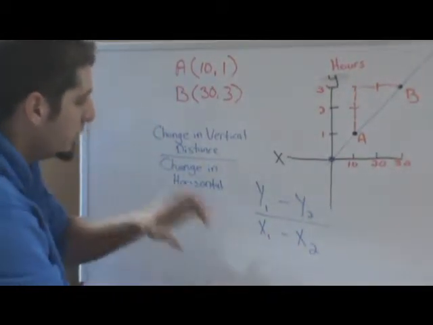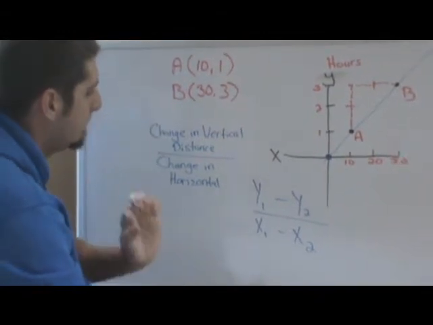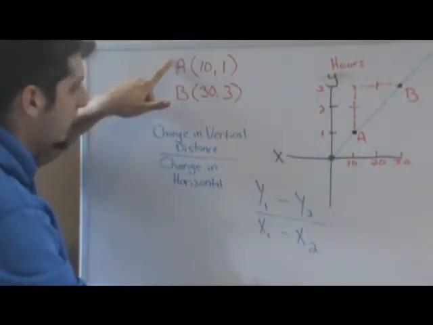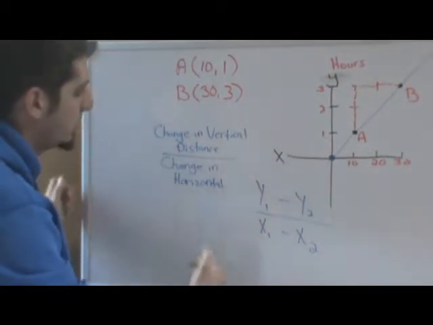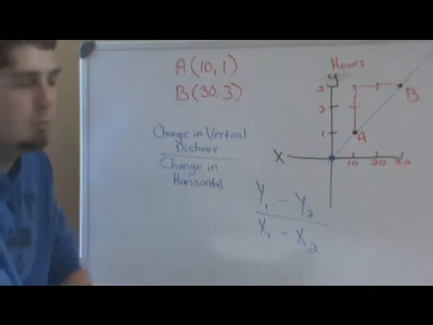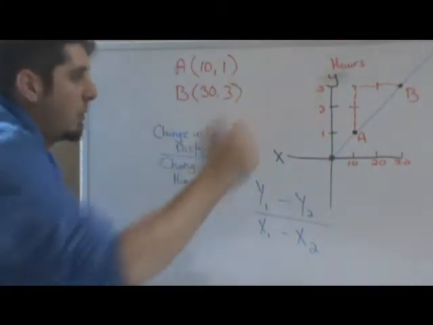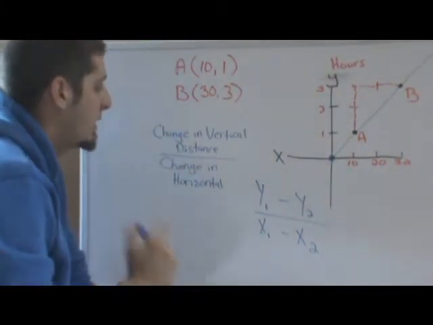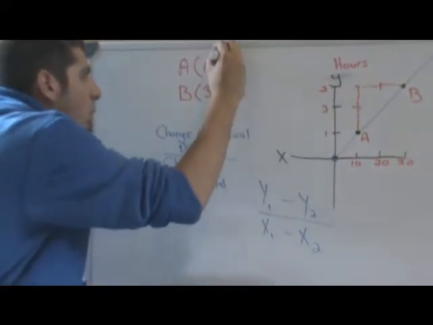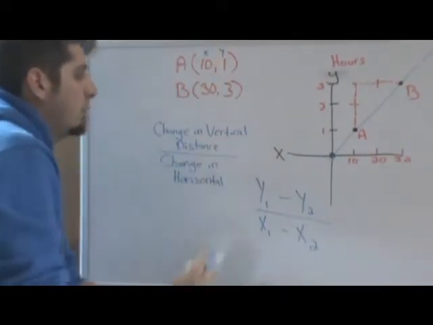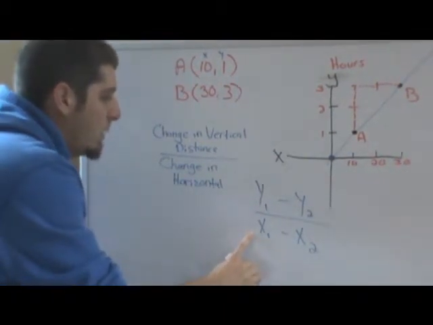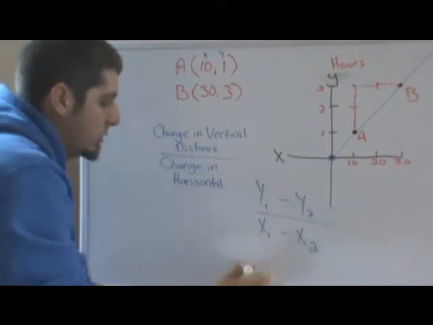Now, something really important to keep in mind. It doesn't matter if you put point A first or point B first. The order of the points doesn't matter. The slope of the line is the slope of the line no matter which direction you're going. What does matter is that the y and the x coordinate of point A are either with y1 and x1 or y2 and x2.